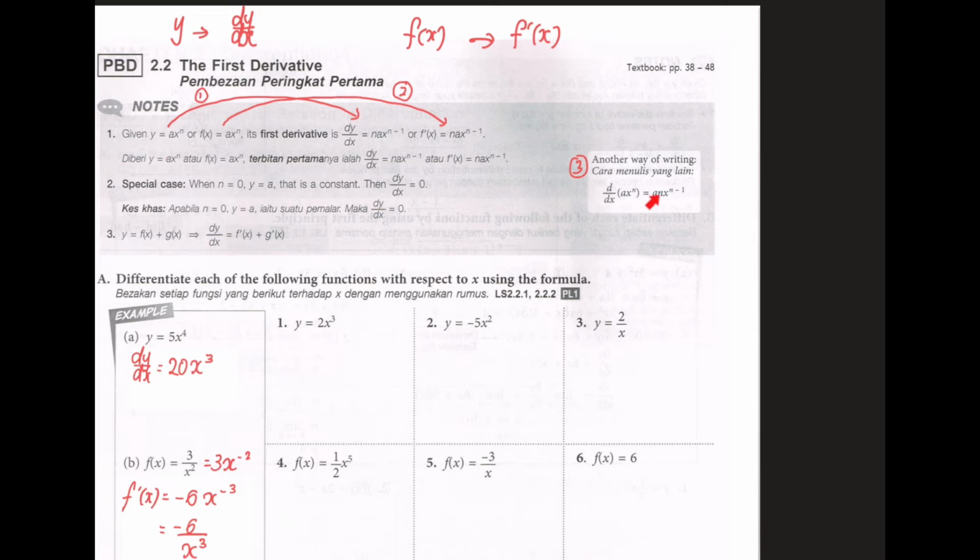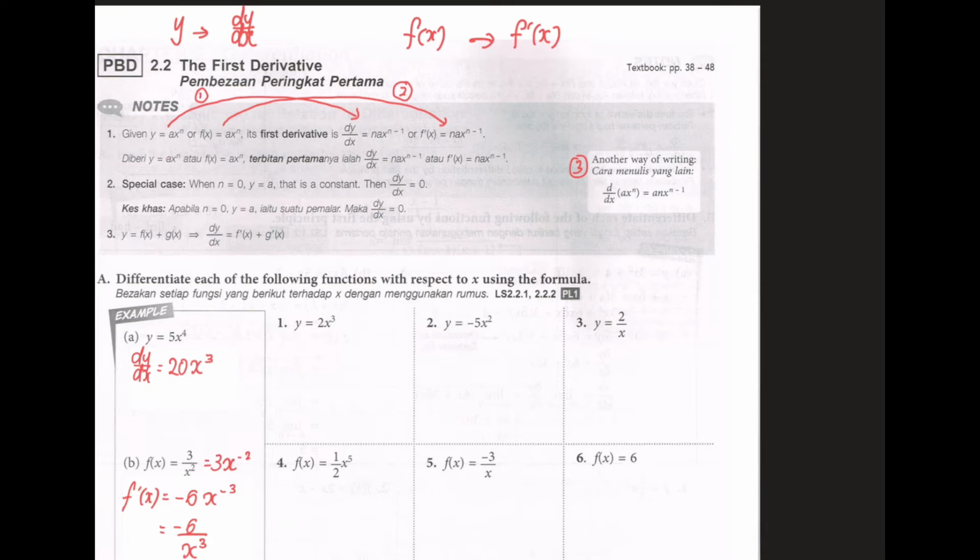Just now they wrote na, now they write an, same only. They are still multiplying, and then the power n becomes n minus 1. So the first step, bring the power in front and multiply. Second step, minus 1 to the power. So this is the third way to write down the first derivative.